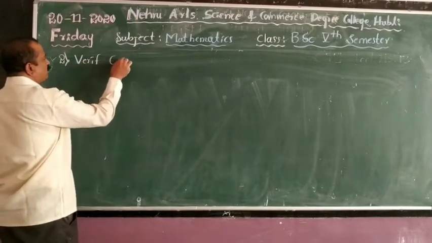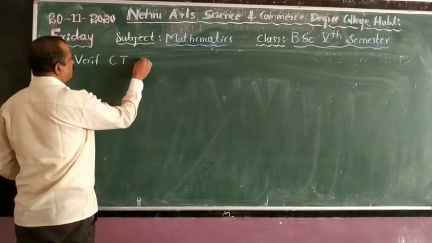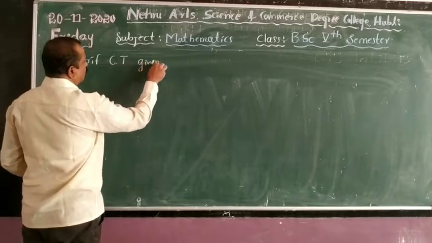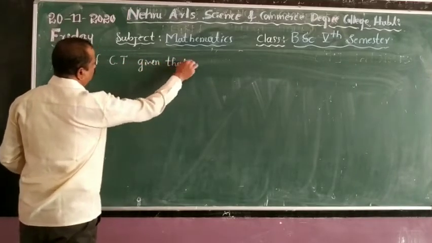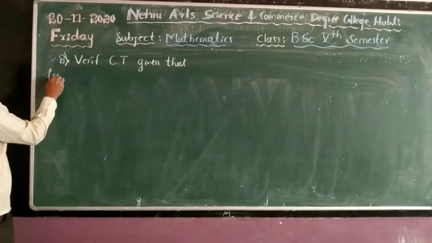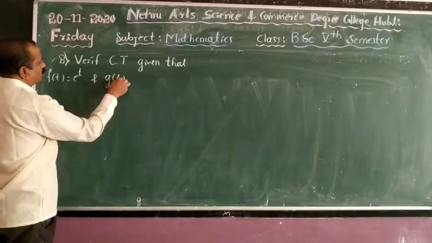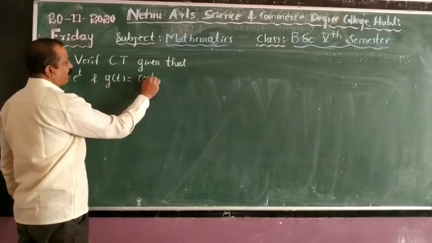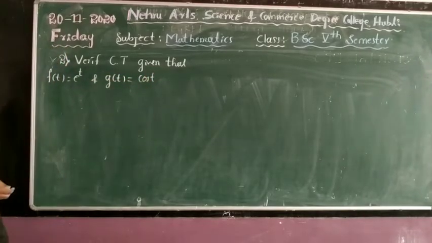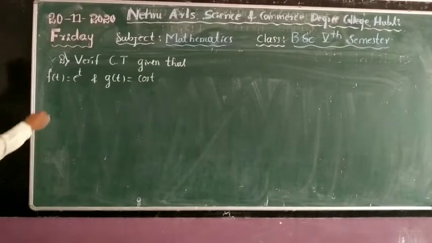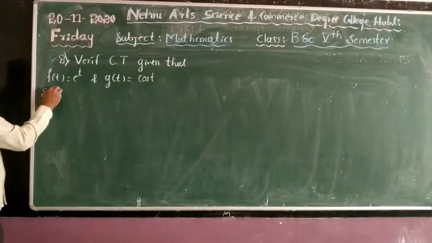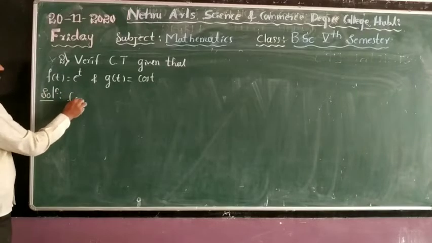Here I take f of t equal to e raised to t and g of t equal to cos t. Go for the solution.